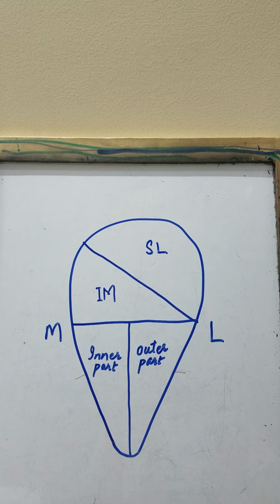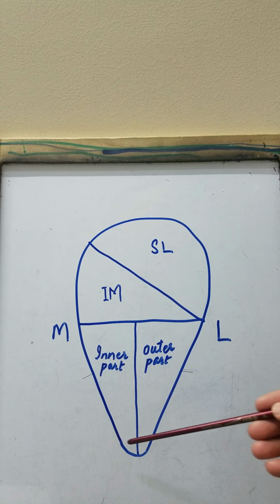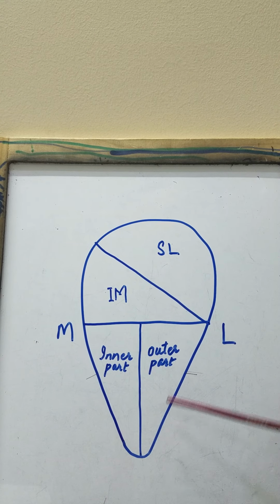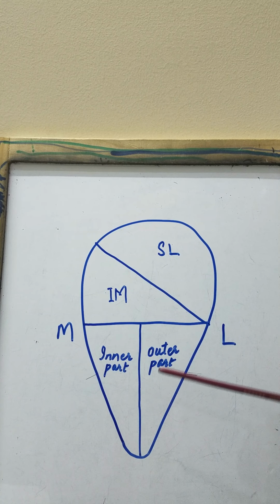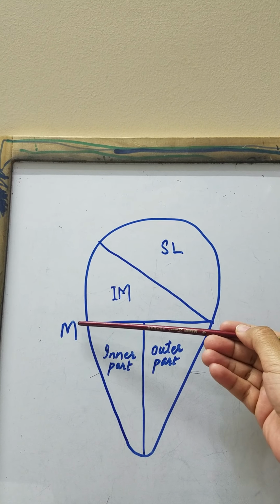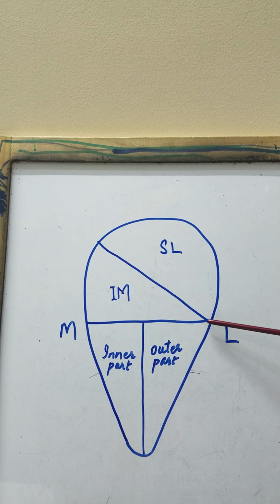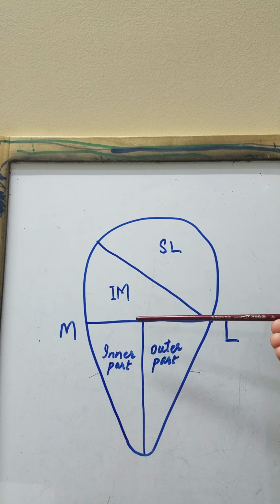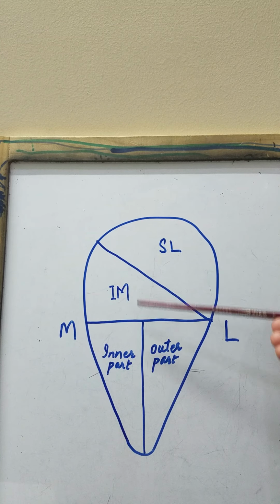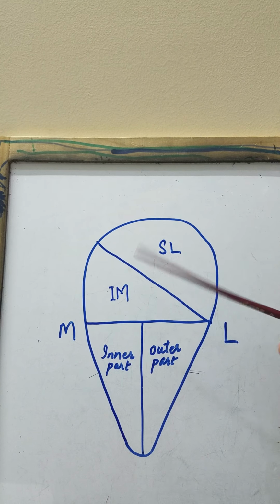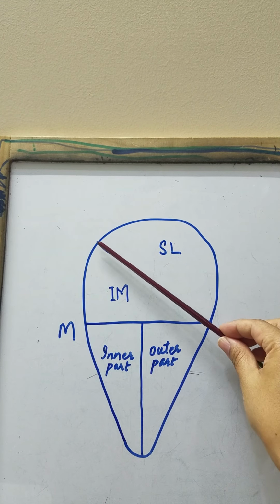So if we talk about the ischial tuberosity, this diagram here represents the ischial tuberosity. This ischial tuberosity is divided by a horizontal ridge into an upper part and a lower part. Now the upper half of the ischial tuberosity is further divided into 2 by an oblique ridge.